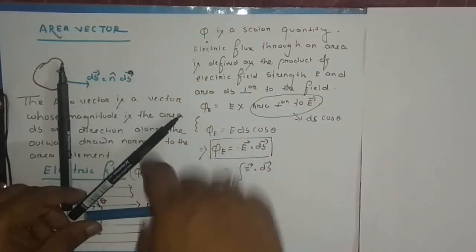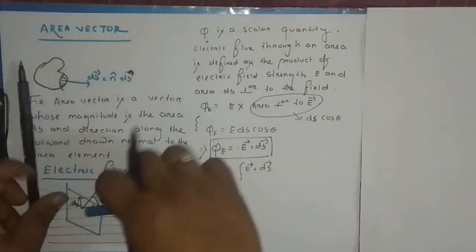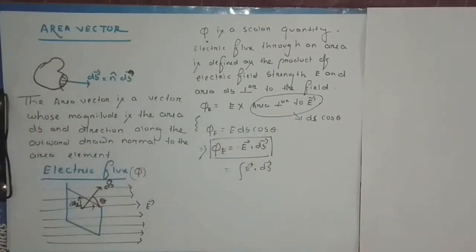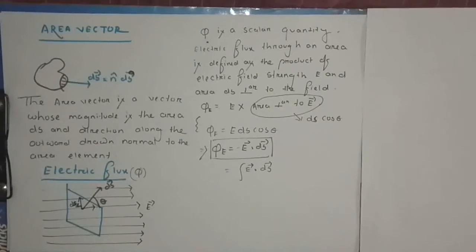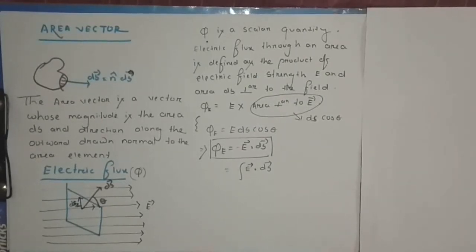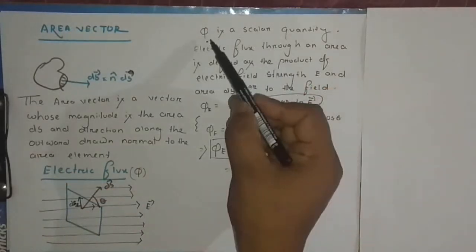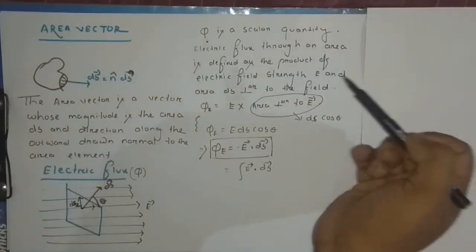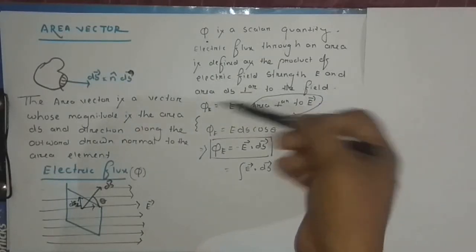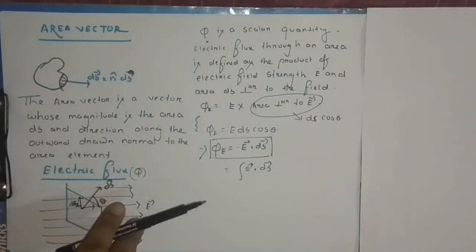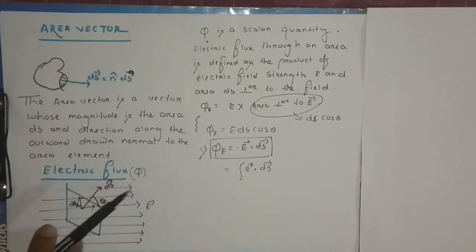Now, for this case, what is electric flux? Flux is a scalar quantity. It is nothing but the product of the electric field and the area perpendicular to the lines of force.